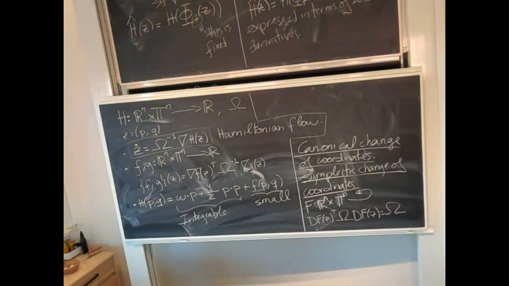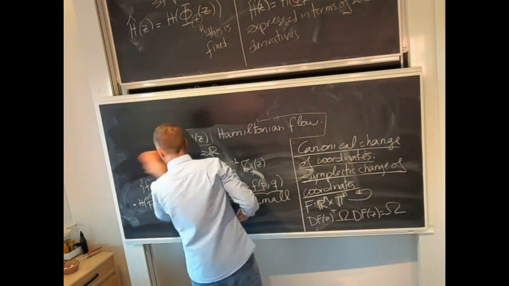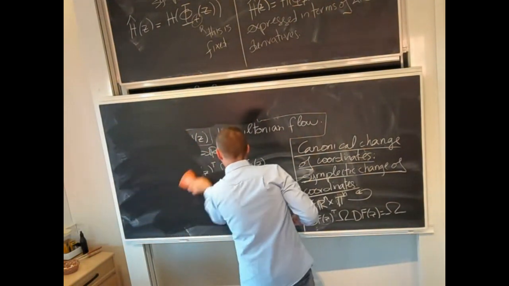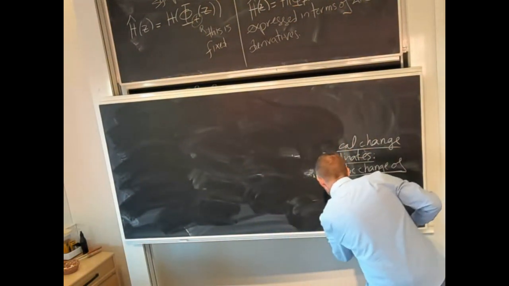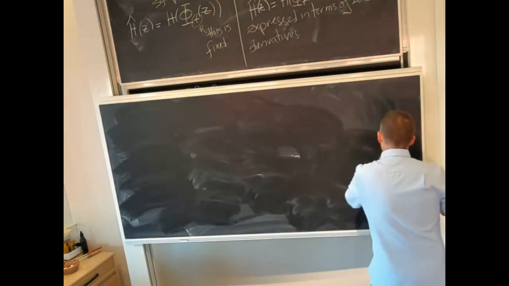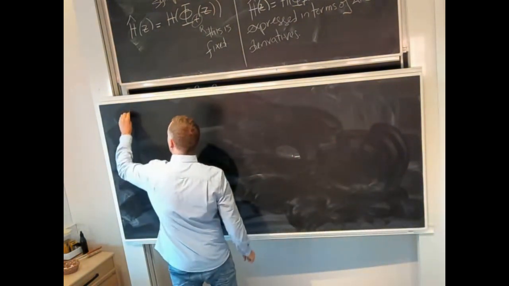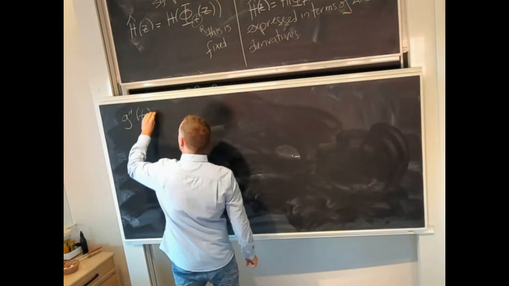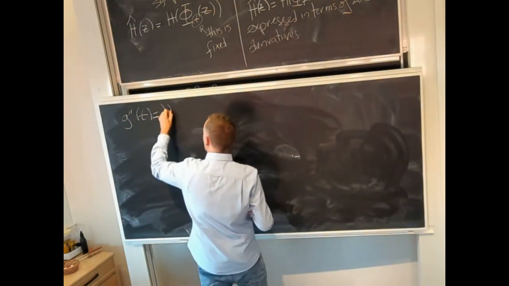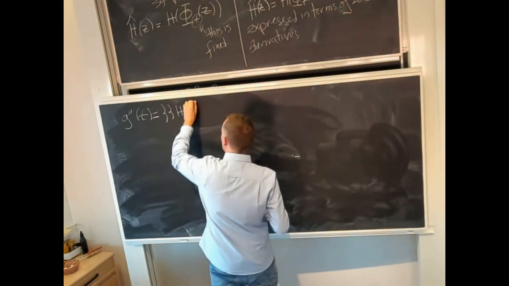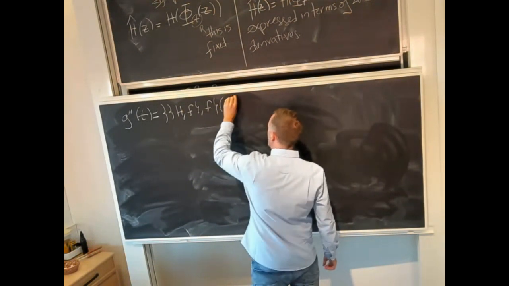And notice the key point, the beauty of this expansion: the second time derivative of this is the Poisson bracket of what was outside against f evaluated at phi of t.